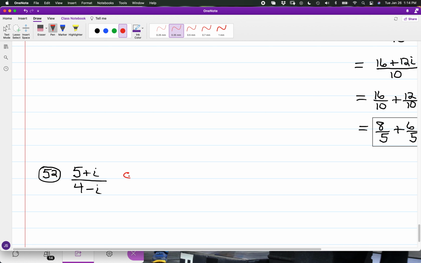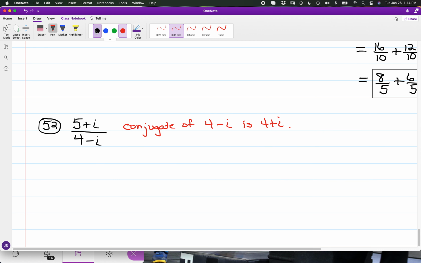Okay, so here the denominator we have is 4 minus i, and so for what I have with the ratio, I'm going to multiply by 1 in the form of the conjugate over itself.